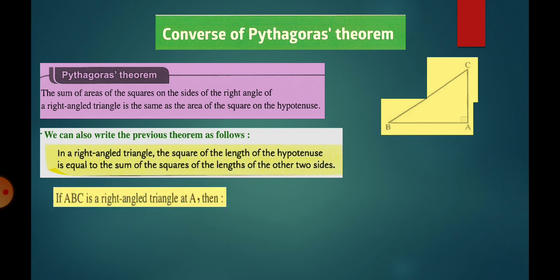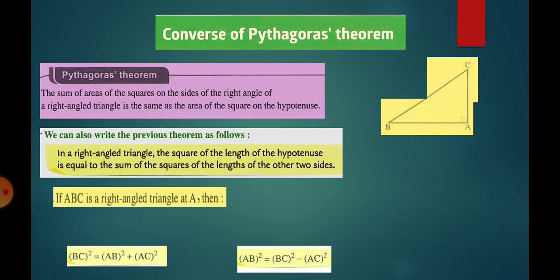If ABC is right angled at A, then BC power 2, the square length of the hypotenuse, equals the sum of square lengths of the two other sides. Then BC power 2 equals AB power 2 plus AC power 2.